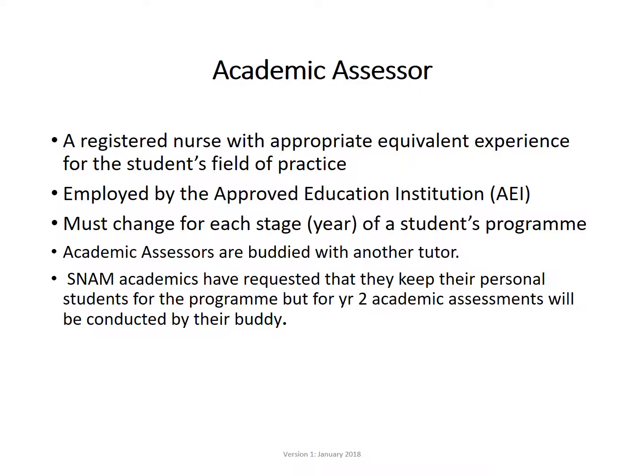It's the most pragmatic way we can manage what the NMC wants, and the NMC are satisfied with the way in which we plan this. So when you get your personal tutor allocation, you will also be buddied with another personal tutor, and you will be able to access that personal tutor's students' records and pad for their second year.